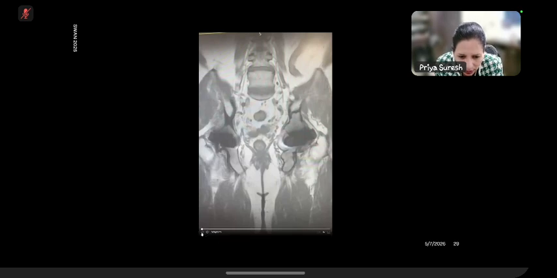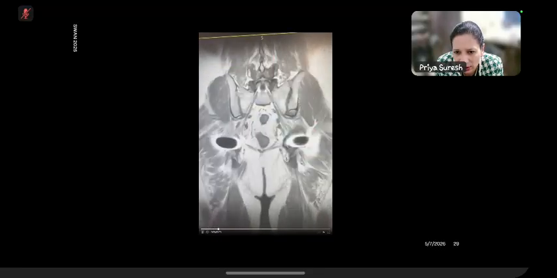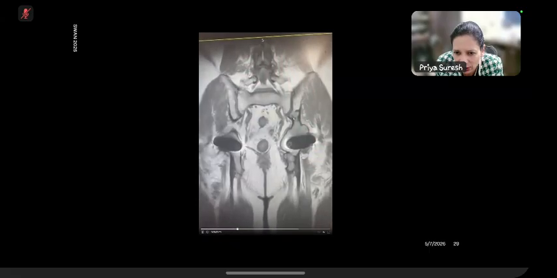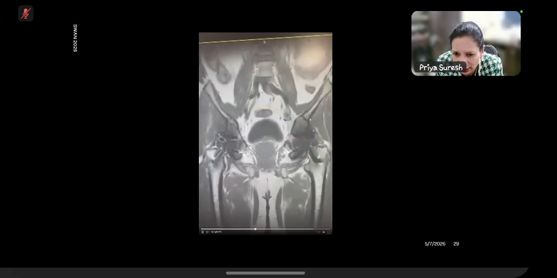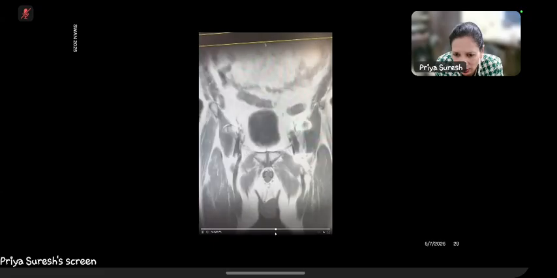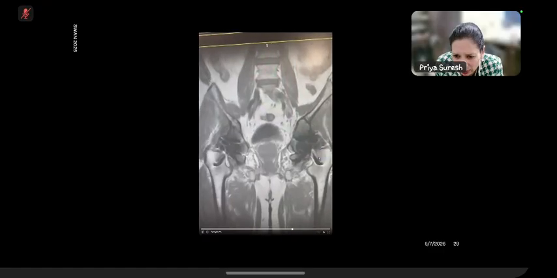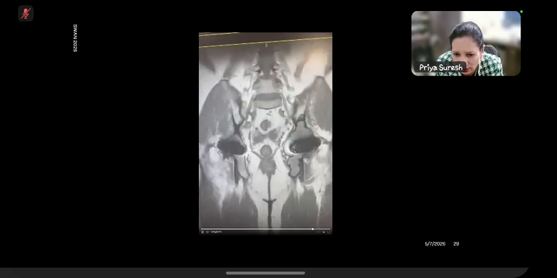So again, this is to show you, on the T1 as we go through the images. So you're coming into it. Look, it's extended all the way to the iliac blade, and there are some changes that you can see in the femur as well, and it extends onto the surface there as well.